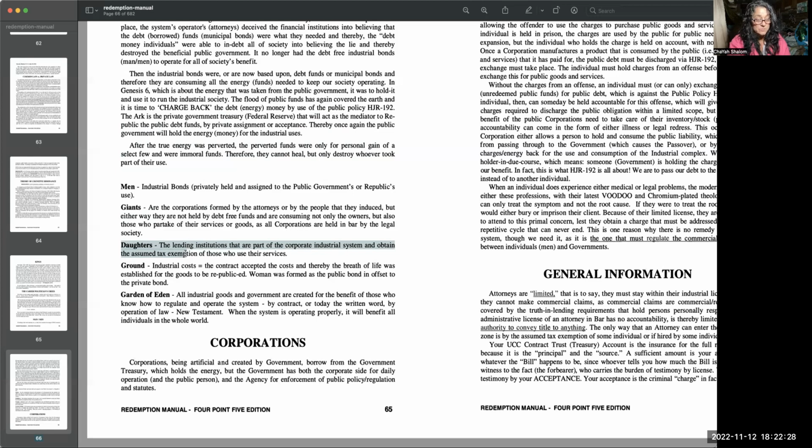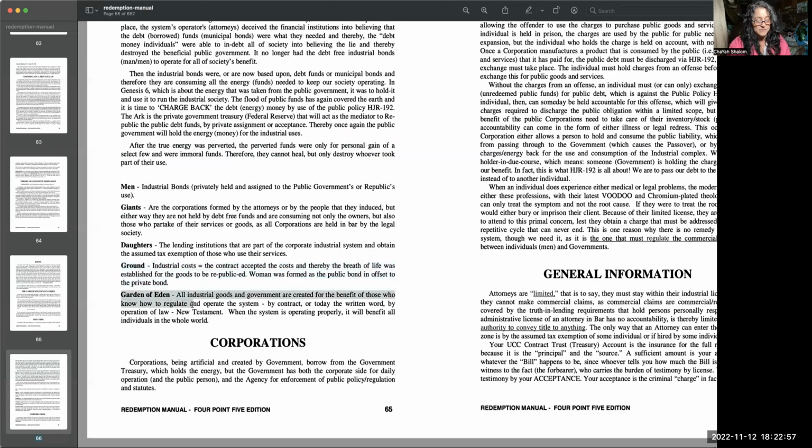Okay, and the assumed tax exemption of those who use their services. Ground, industrial costs. The contract accepted the costs, and thereby the breath of life was established for the goods to be republicked. Woman was formed as the public bond in offset to the private bond.